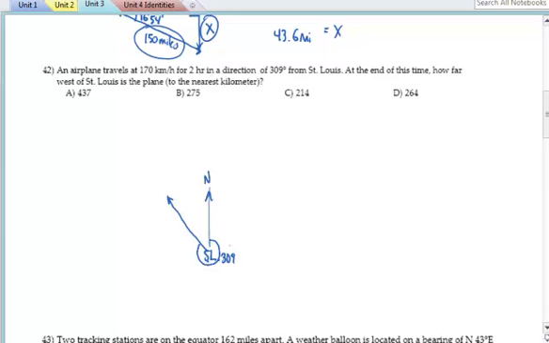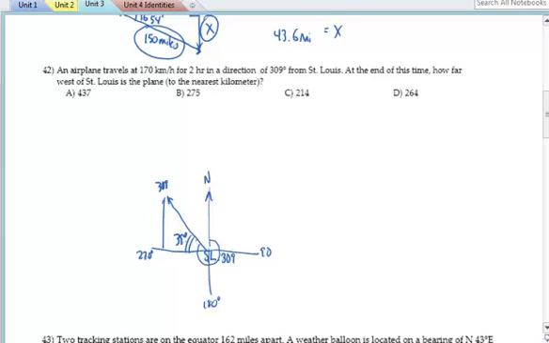Remember that as we look at our compass, this is 90 degrees, this is 180 degrees, and this is 270 degrees. To get to 309, this angle would have to be 39 degrees.